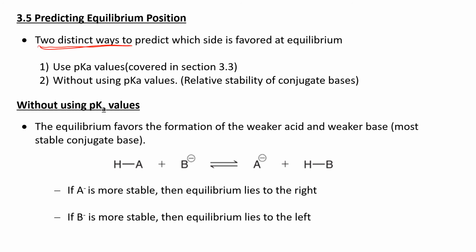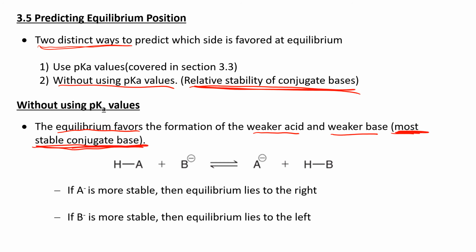Our second method is to do this without pKa values, and we're going to compare the relative stability of the conjugate bases. So we know that the equilibrium favors the side with the weaker acid and weaker base. So here, this is the key. We're going to look for the most stable conjugate base. That will be your weaker base.